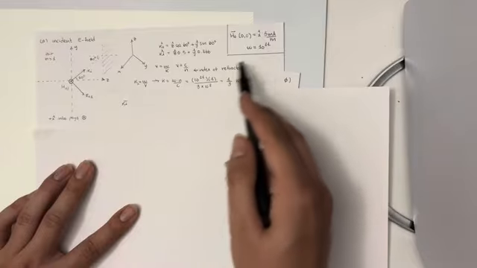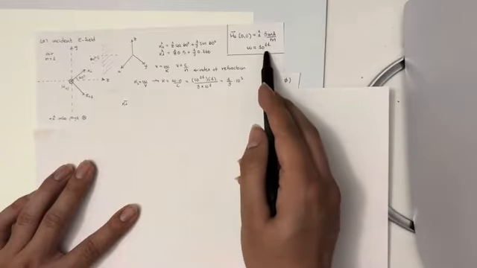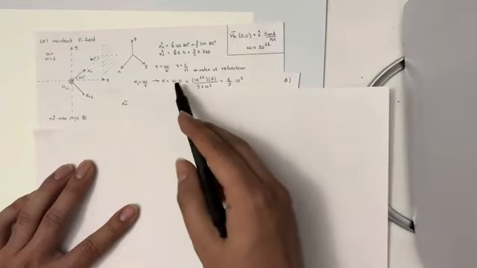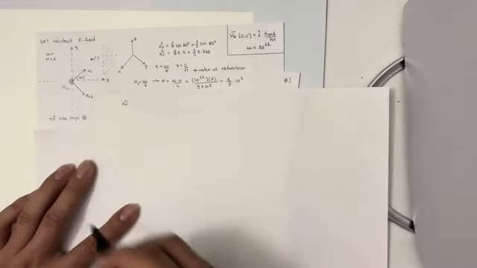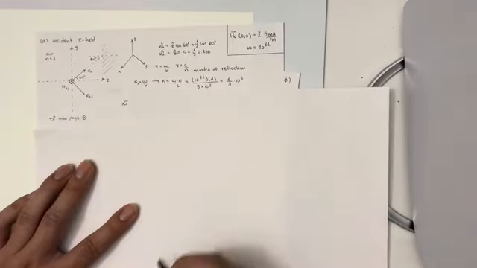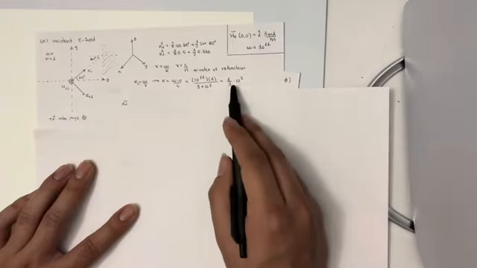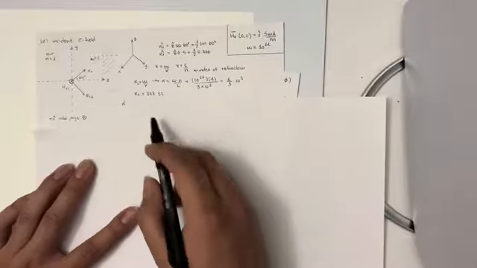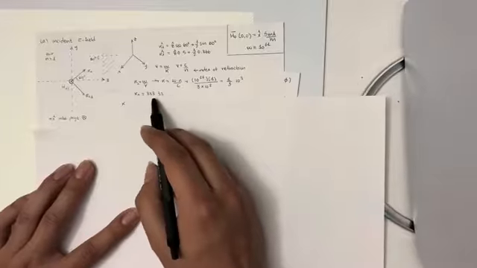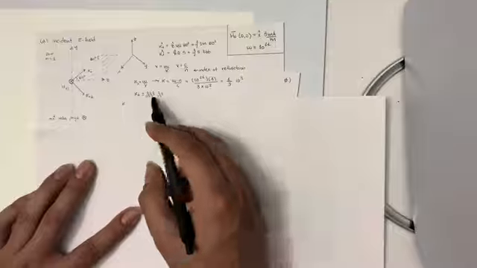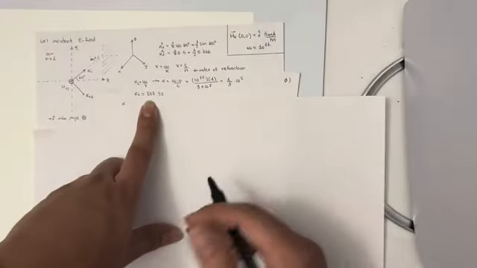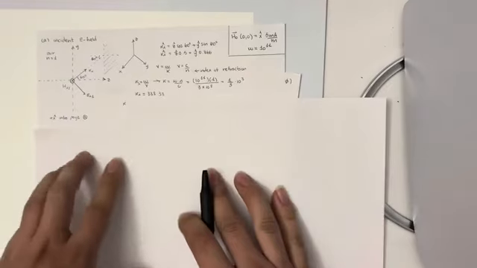Omega, as we know from the previous page, is 10 to the power 11. And the index of refraction is given to us in the beginning, which is just 1. Simplifying this, we get 1/3 times 10 to the power 3, or a wave number of 333.33.